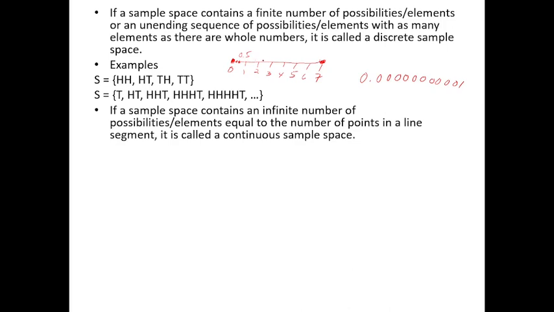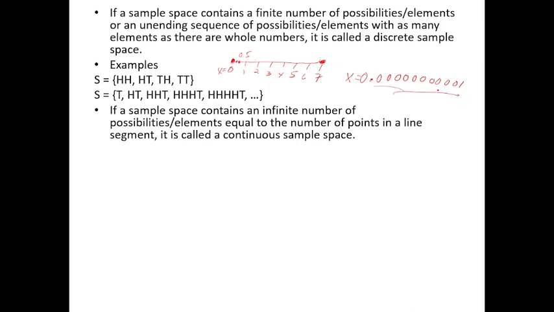So, lahat ng point dito sa line segment na to. Kung ito ay x equals 0, ito yung x equals 0.0000000000001. Eh, meron pang marami dyan. Marami pang possibility na mas maliit pa sa value na to.